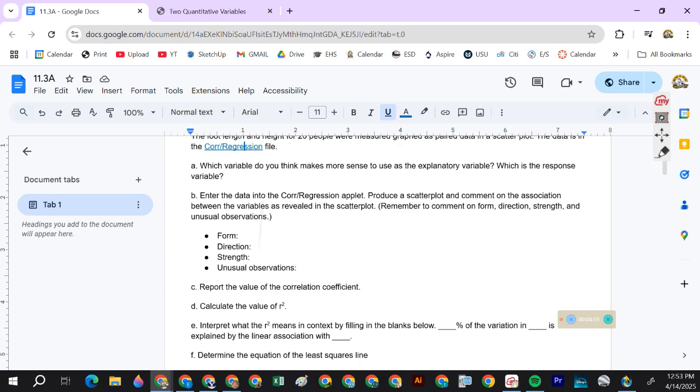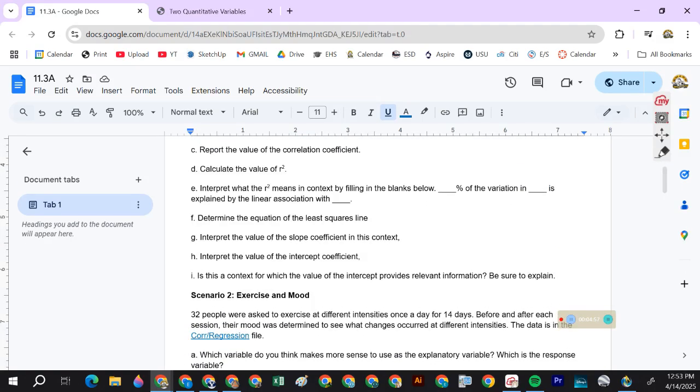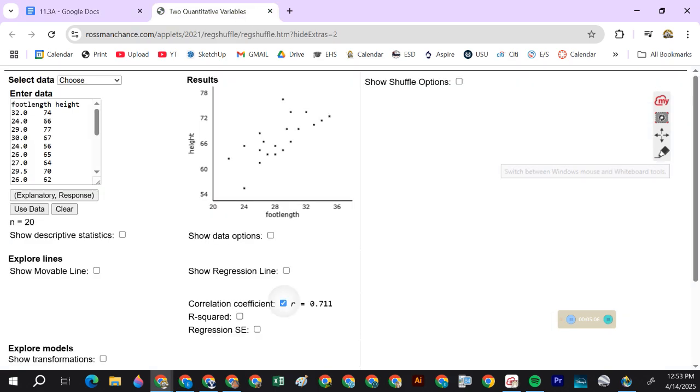So, the value of the correlation coefficient, we've talked about that before. The correlation coefficient is this right here, 0.711. And how big and small can it be?